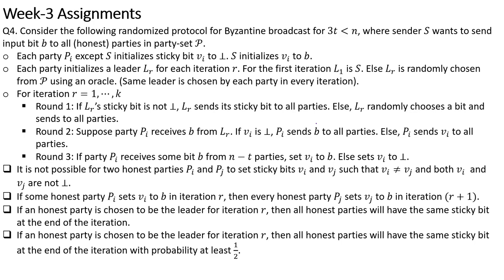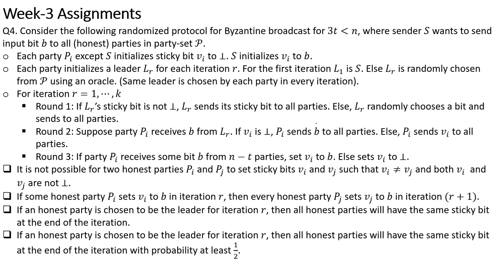So, a randomized protocol for reliable broadcast for 3t less than n, where sender S wants to send input bit B to all honest parties in party set P. Each party Pi except S initializes sticky bit Vi to bot, and S initializes Vi to B. So at first every party except the sender initializes its own bit Vi to bot, and sender S initializes Vi to its input bit B.